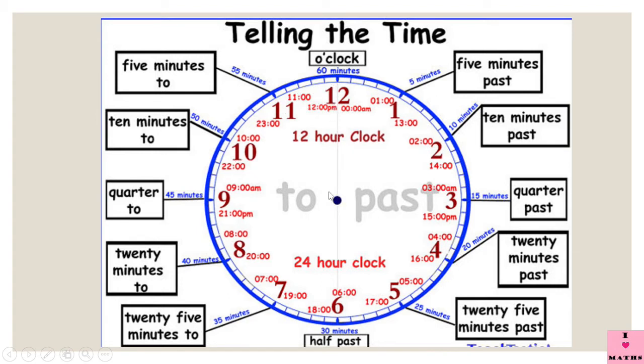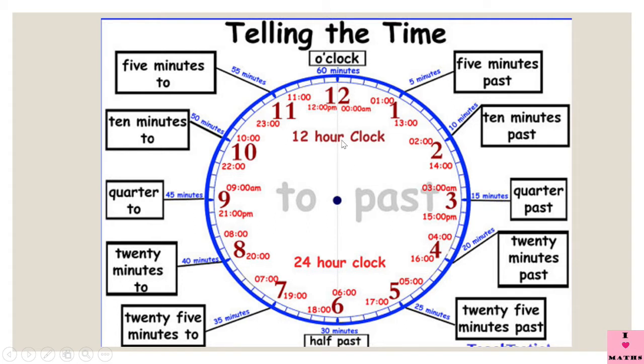Okay. So you are seeing two words here, to and past. Past means बीत गया. So I hope you understand. Past means जो समय बीत गया.